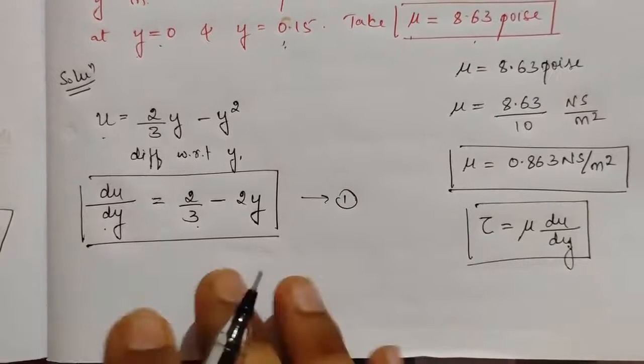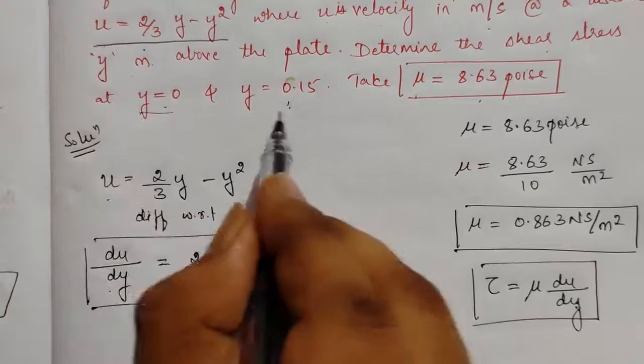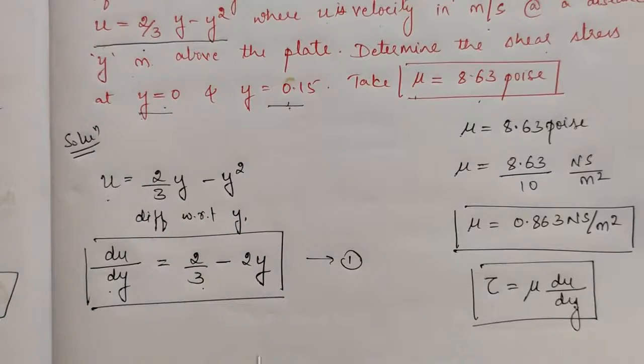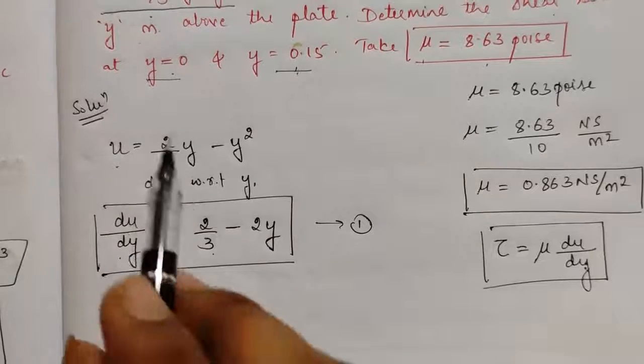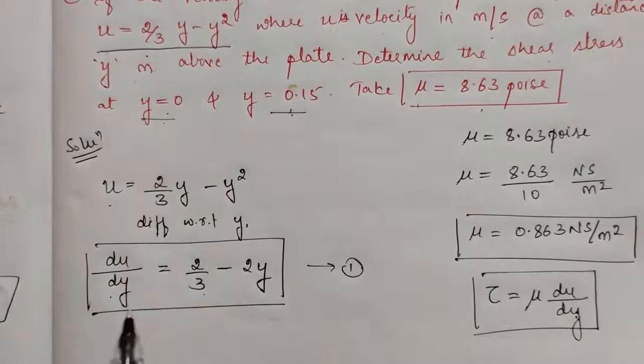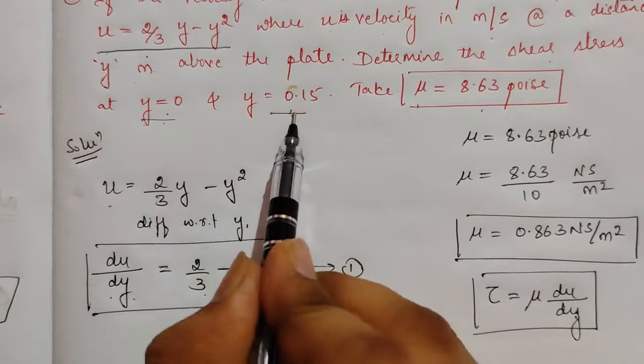See here. We have to find the shear stress at y is equal to 0 and y is equal to 0.15. So we need the values of du by dy at y is equal to 0 and at y is equal to 0.15.